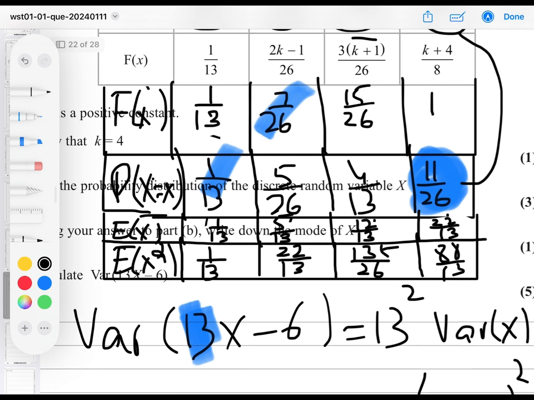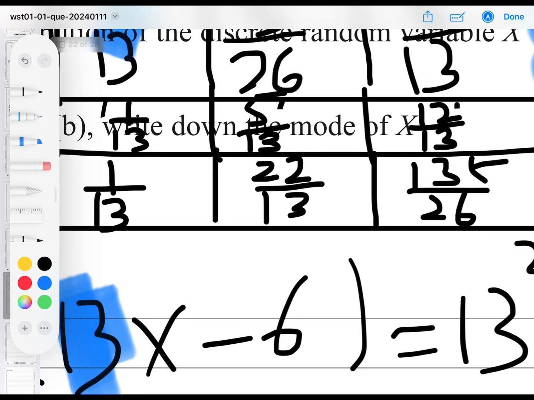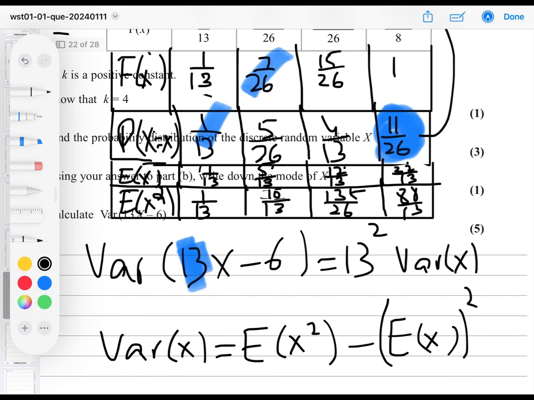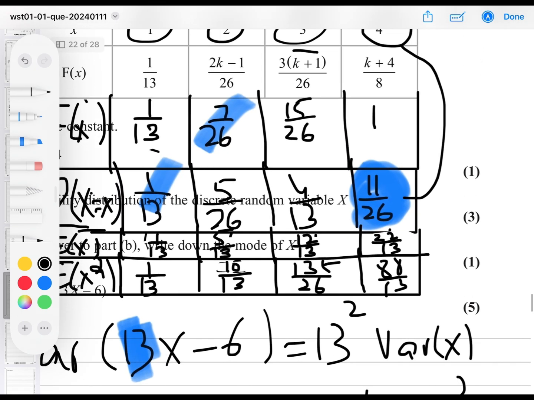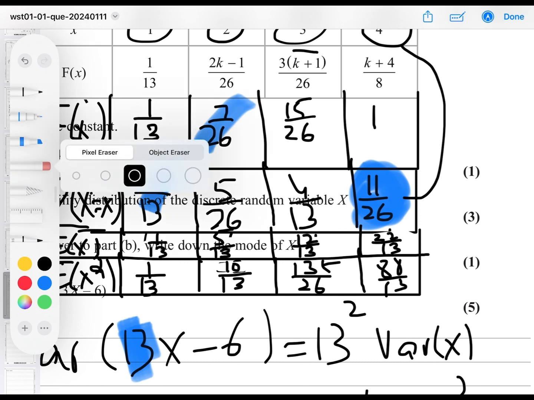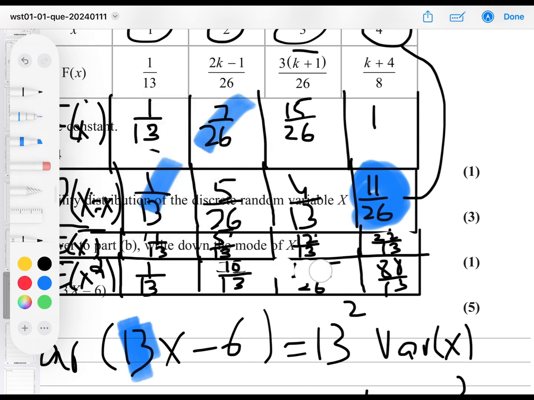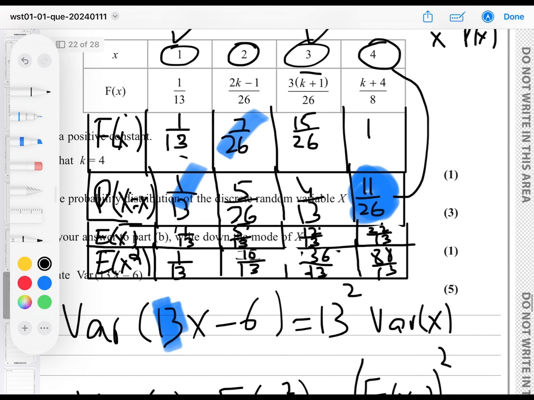I did a mistake here, so let me correct this one. So this is 10 upon 13. Yes, and another calculation mistake here. So this one is 36 upon 13. Now I think everything is fine.